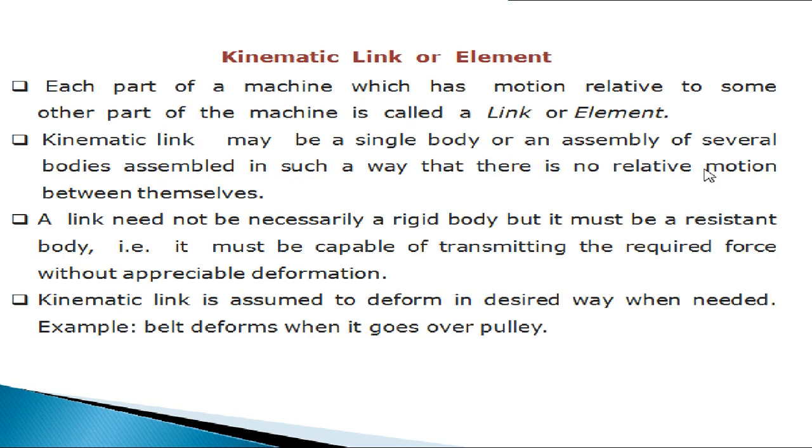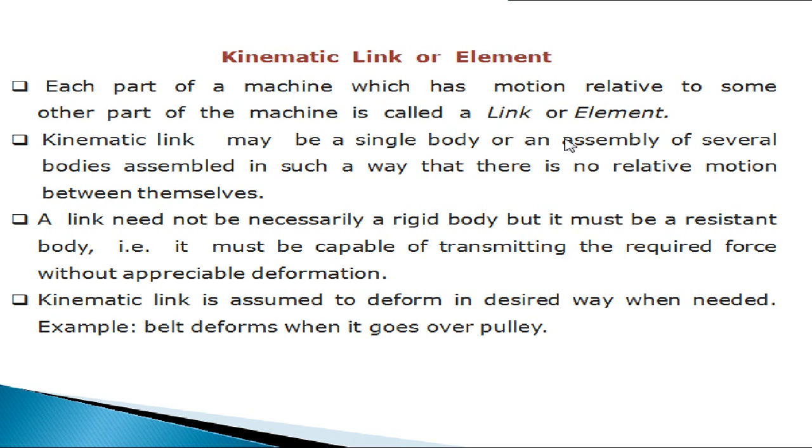We define kinematic link or kinematic element, which are used synonymously, to be a part of a machine which has motion relative to some other part of the machine. Such a thing is called a link or an element.